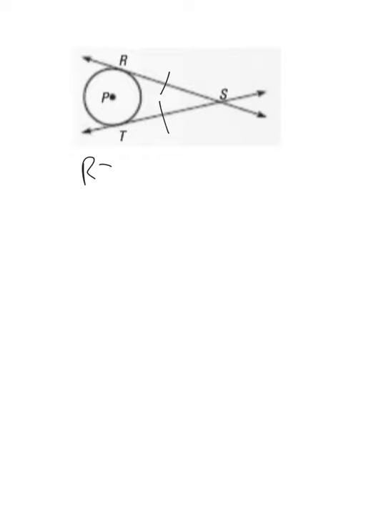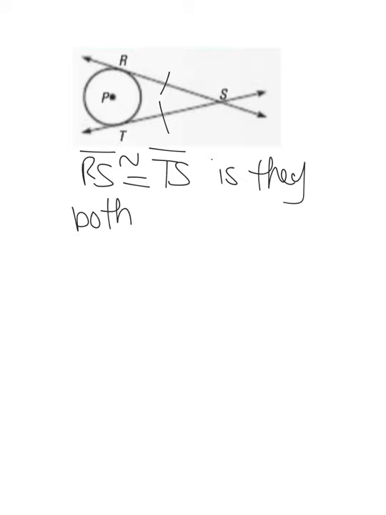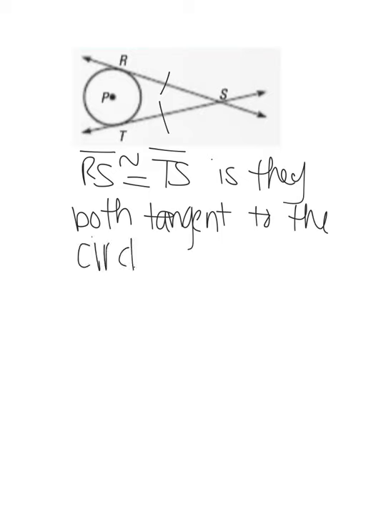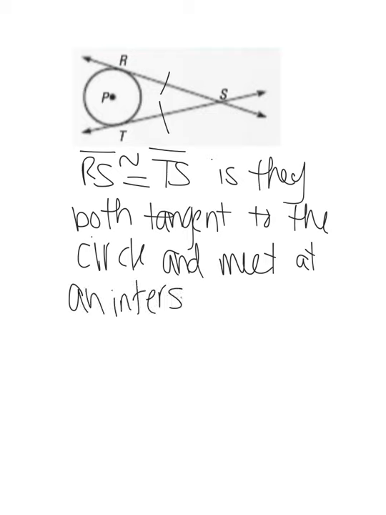So RS is congruent to TS if they are both tangent to the circle, and meet at an intersection point, which is point S. All right, what does that mean?